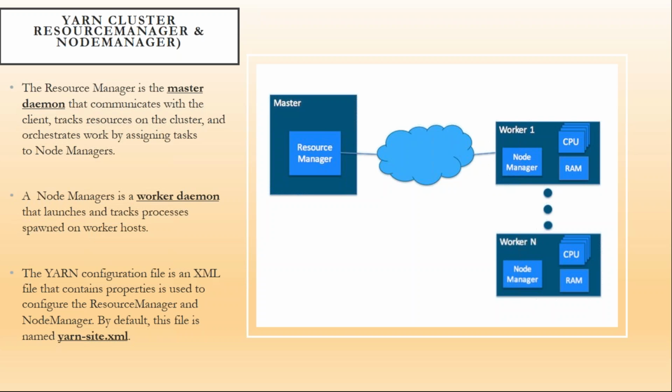If you observe very carefully, each of your worker node managers has a dedicated CPU and dedicated RAM. CPU is your processing engine and RAM is your in-memory, the memory that is dedicated to it.